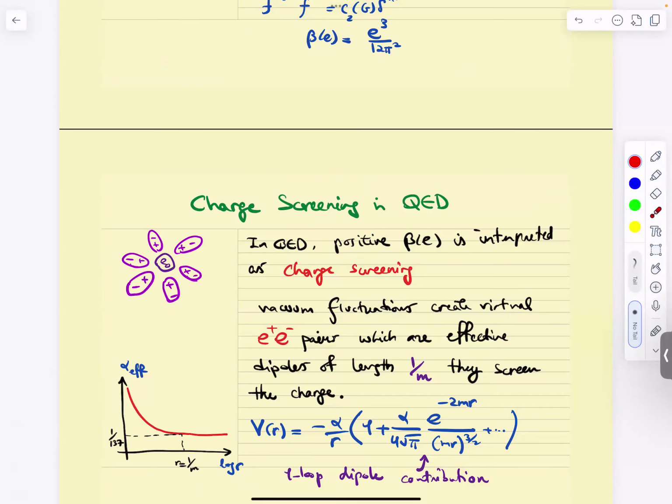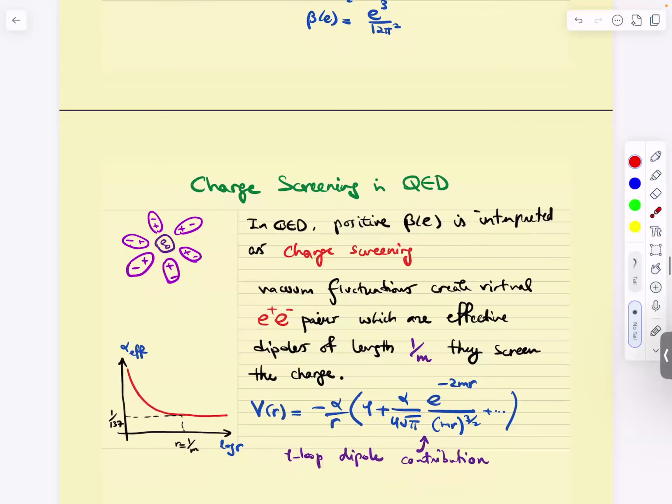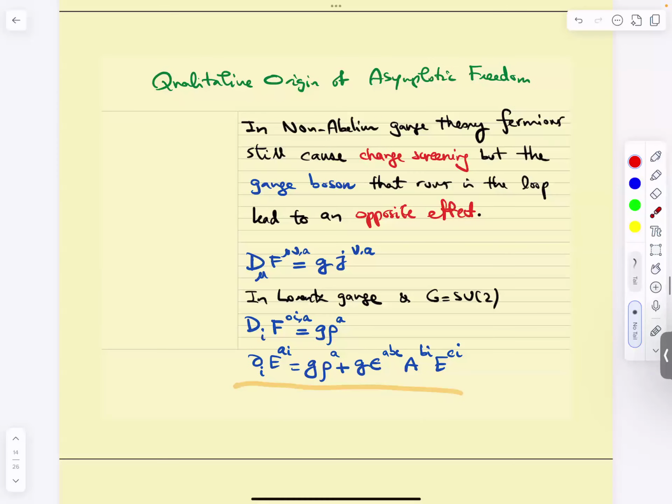So charge screening is present, but now you should have anti-screening by a larger amount to cover that. What's the physics of that? In non-abelian gauge theory, fermions, as I said, still cause charge screening, but the gauge bosons running in the loop, or the self-interaction of gauge bosons, give you an opposite effect.